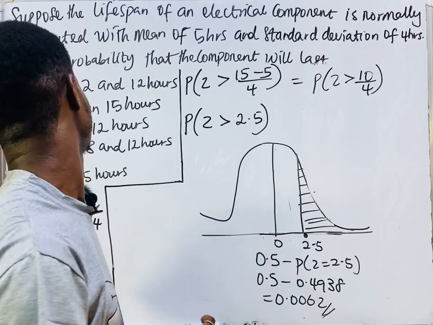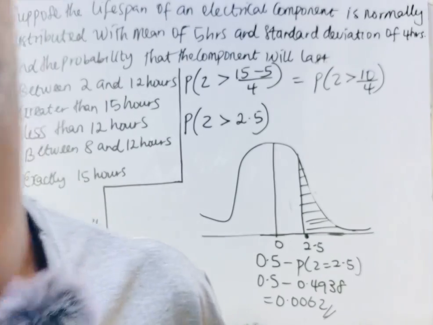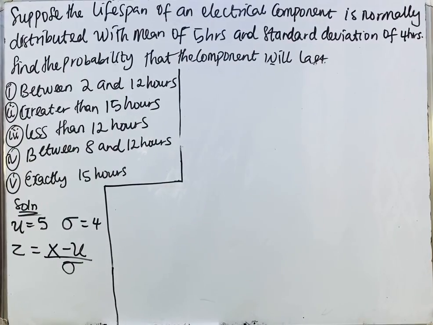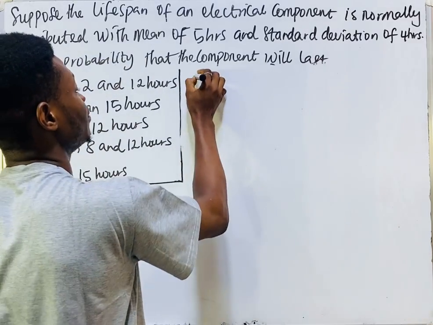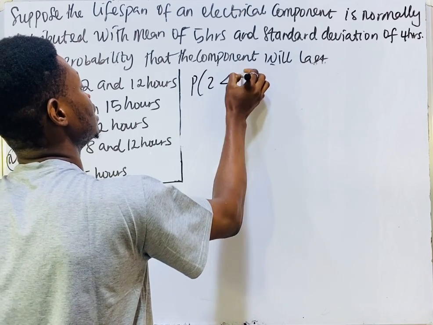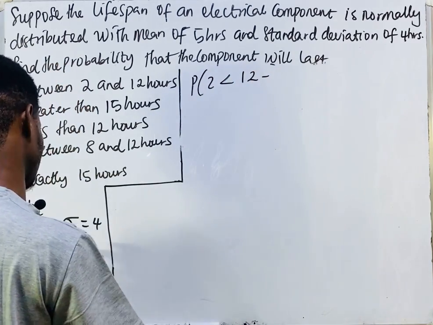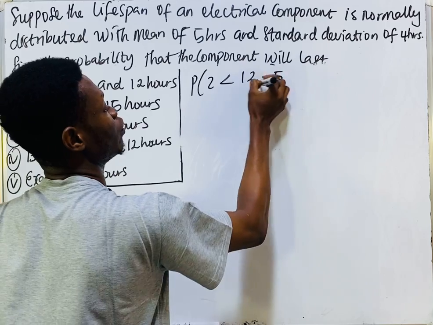So let's solve the third one. Let me clean the board. So less than 12 hours. So P of Z is less than 12 minus our mean, 5, over 4.